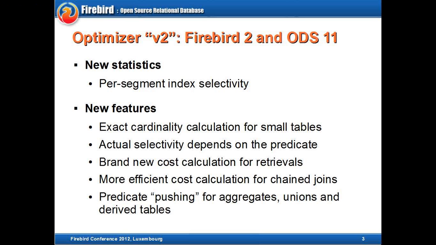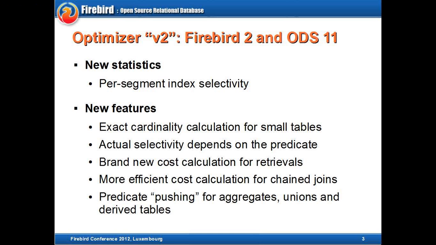Please notice that it's not only about Firebird 2. It's about Firebird 2 and databases in ODS 11. Because of the new statistics, we have decided to split the optimizer in two parts.